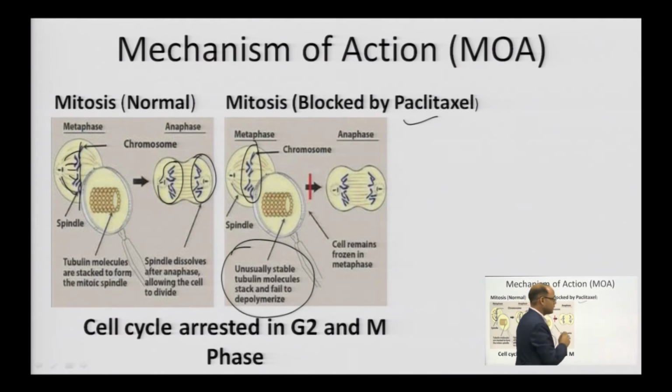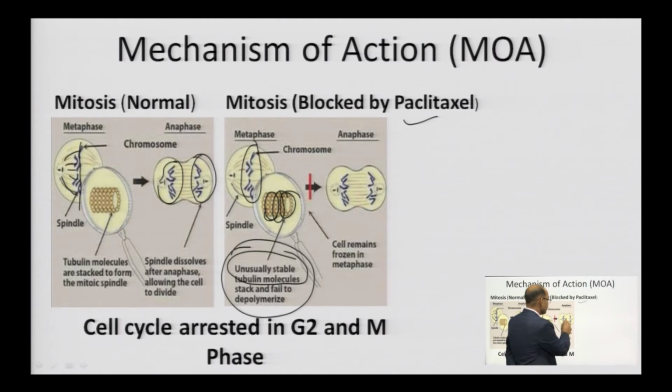What we have discussed in this slide is that spindle fibers form and degenerate in the normal cycle. But when you use paclitaxel, it stabilizes the tubulin molecules in such a way that they are able to form, but they are unable to depolymerize.